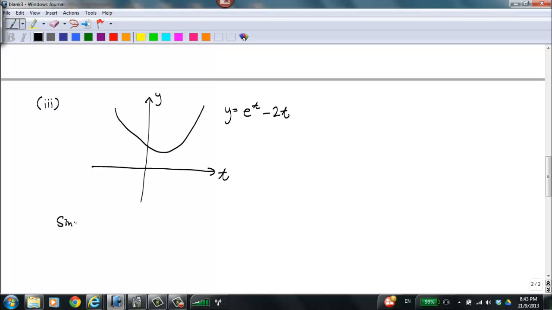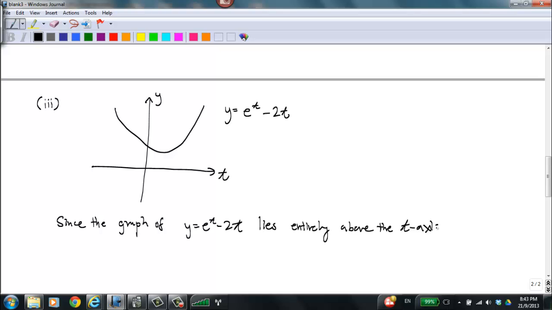So since the graph of y equals e^t minus 2t lies entirely above the x-axis, sorry, the t-axis, since I used t to represent the horizontal axis, therefore e^t minus 2t is bigger than 0 for all values of t.